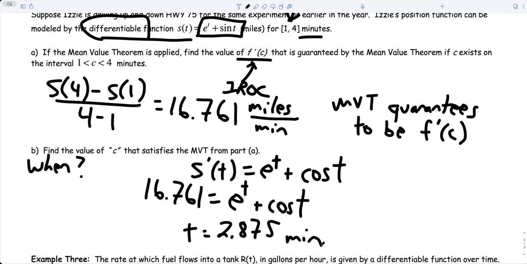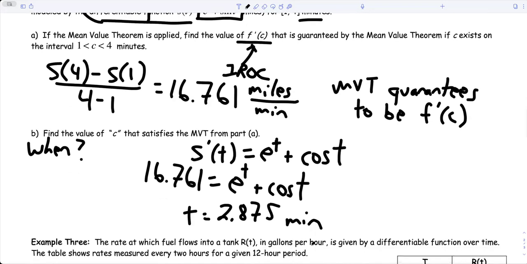So it's not always, it's just if the conditions of the theorem are met, then those two things are equal to each other. Got it? Okay. Anything else? Everybody okay with this?